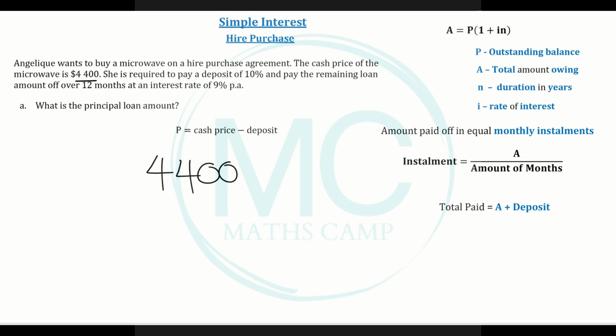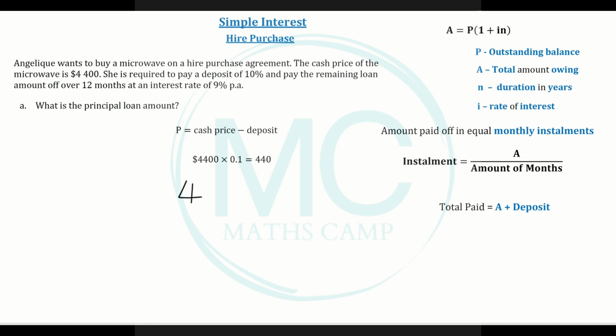And Angelica has to pay a deposit of 10%. So let's change 10% into a decimal. We can multiply by 0.1, and we get $440. This is her deposit. So if Angelica pays $440, how much is left over?